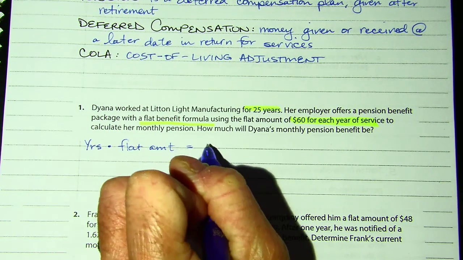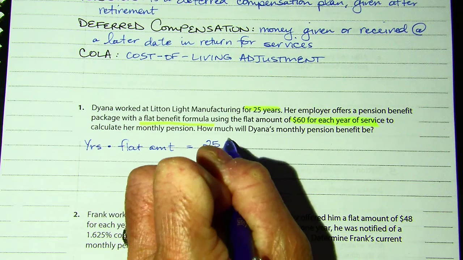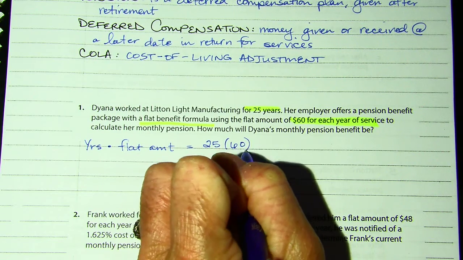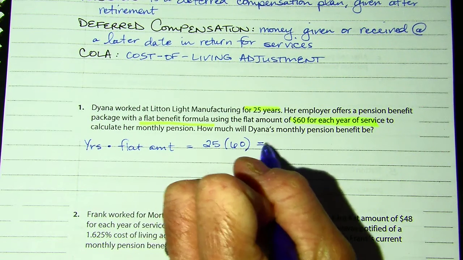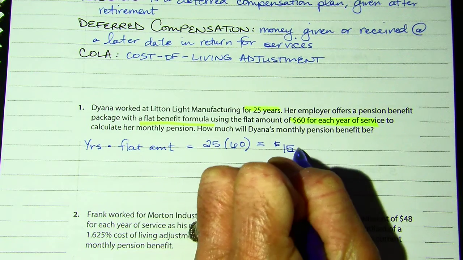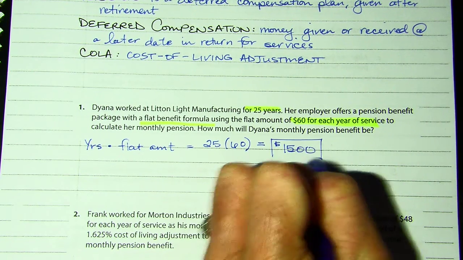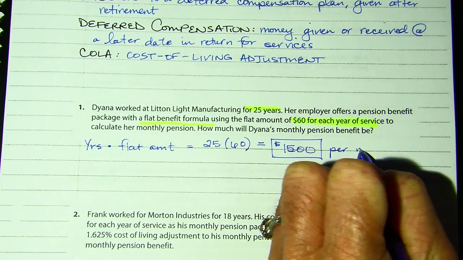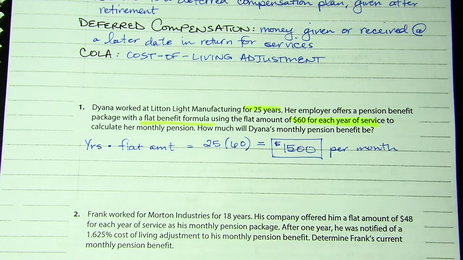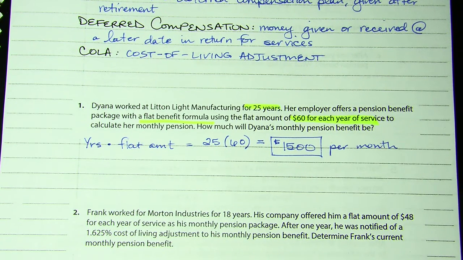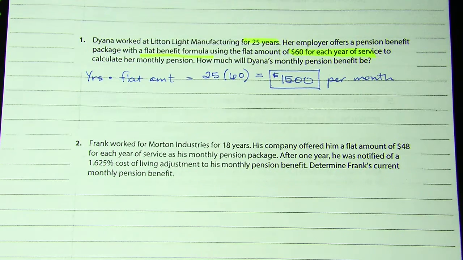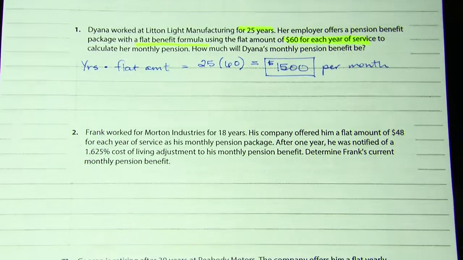So in this case, it would be 25 times the $60 per year, and so she would receive $1,500. That's per month, which is not a lot of money. I know that sounds like a lot, but that is not much at all. So hopefully she has another retirement set up for herself.